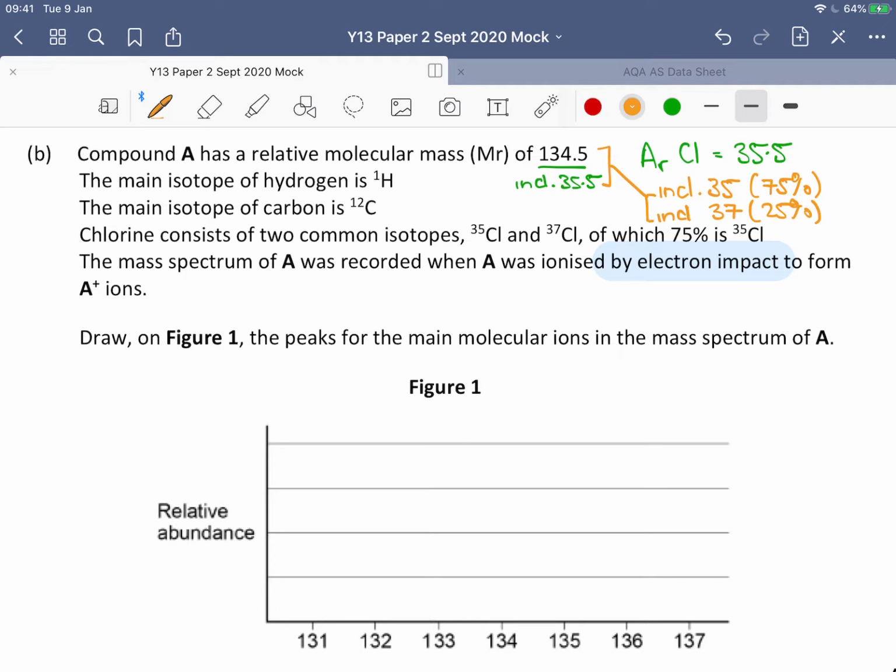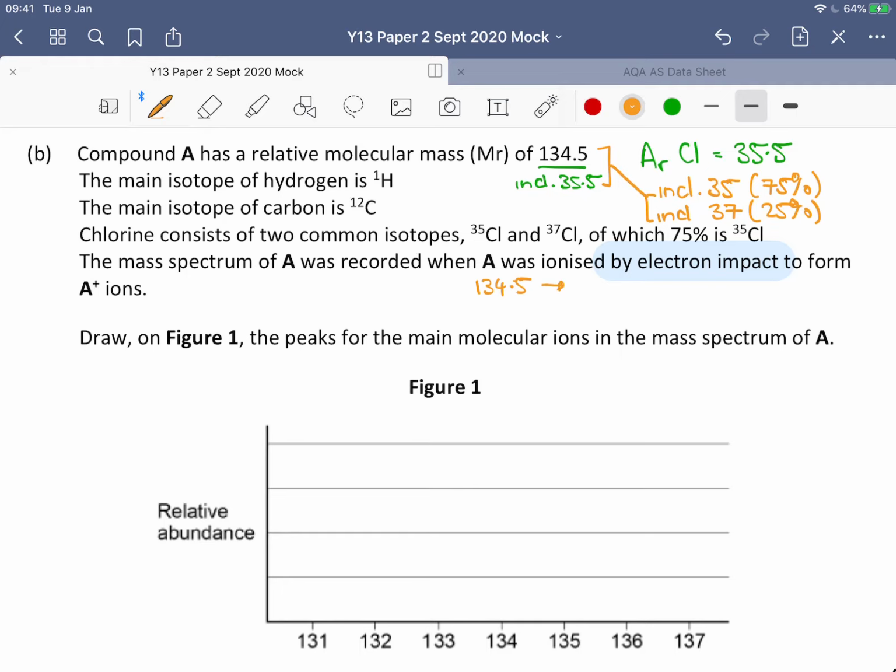So if the mass is 134.5, where we've assumed 35.5, in some cases it's 35.